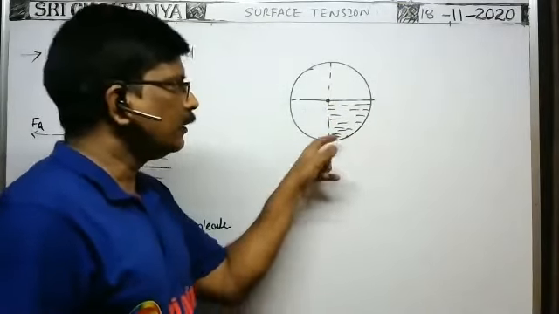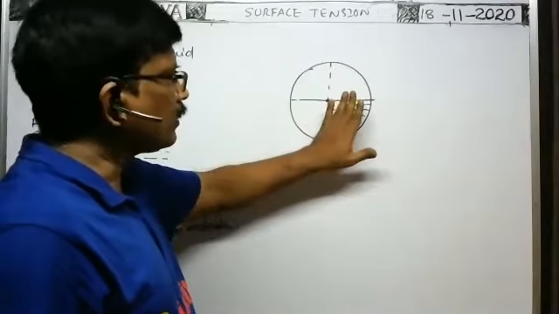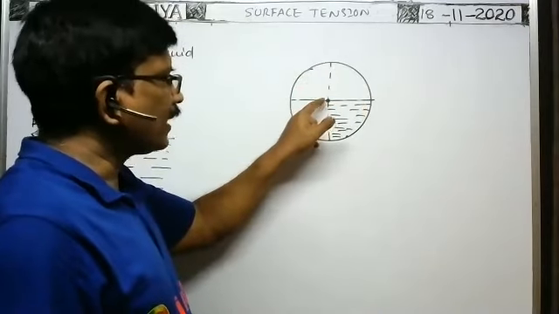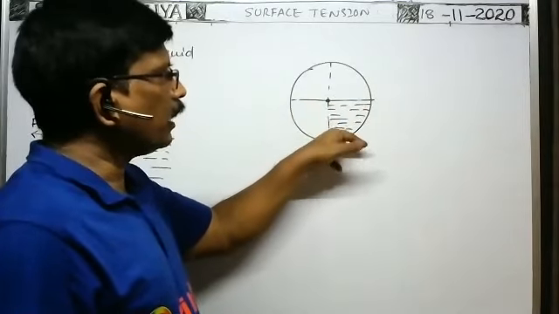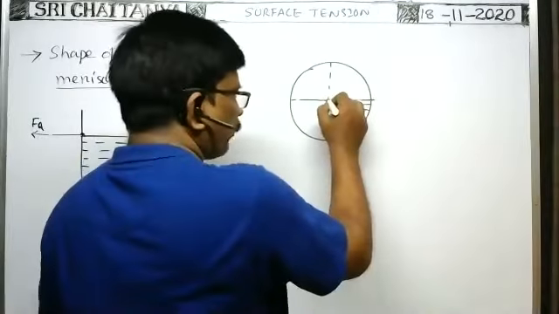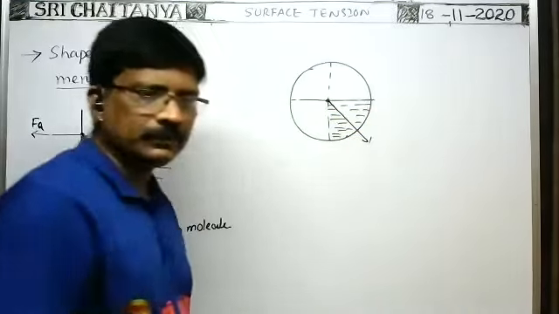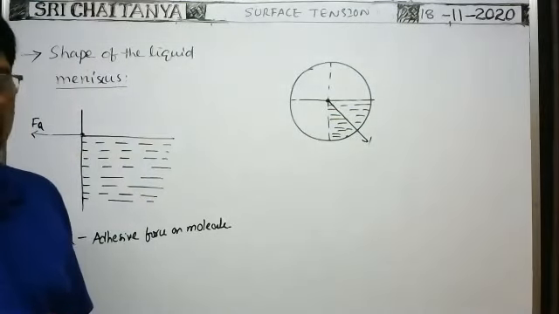Since the molecules are only here in the sphere of influence, at this molecule at the center the cohesive force due to the remaining molecules is along the angular bisector only. Am I right? Yes, 45 degrees. Very good.